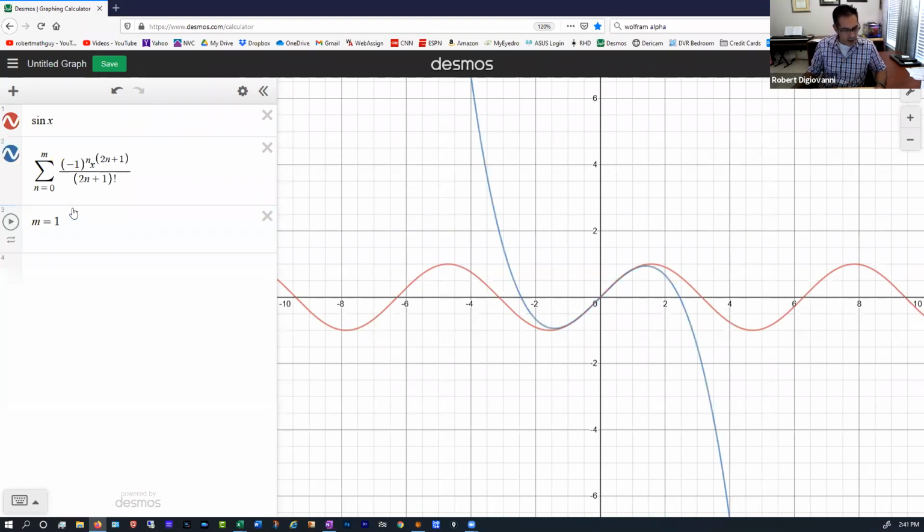And we need to add a slider here. We need to make this go from 1 to, let's say, 30. We don't even need that much, probably just 20 by 1. There we go. Okay, you see the blue? Here comes our power series.